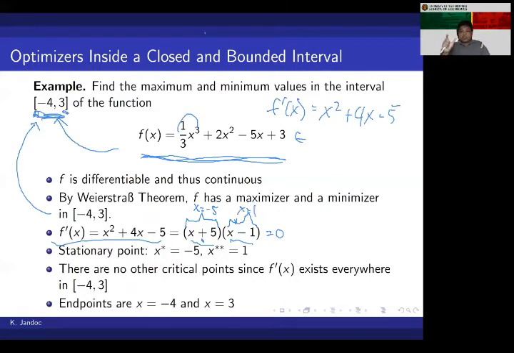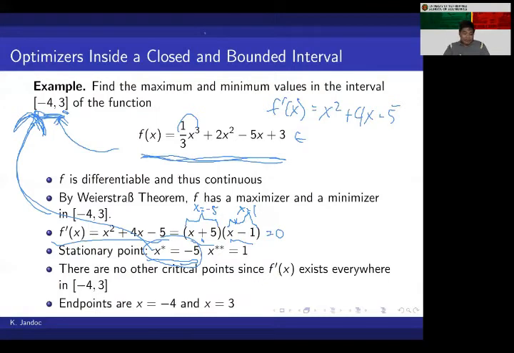Therefore, you have two stationary points, x equals -5 and x equals 1. But one of the stationary points, x star equals -5, is outside this closed and bounded interval. It's less than -4, so we disregard that, because the function only exists in the closed and bounded domain here.